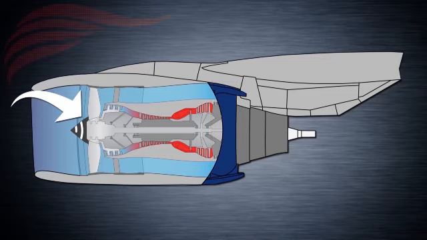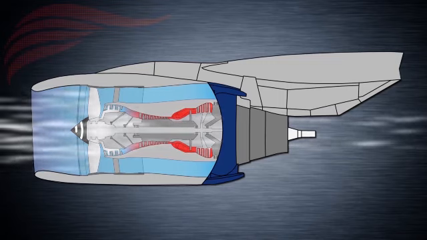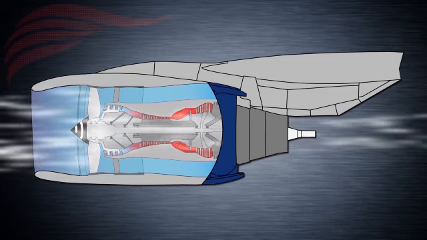The fan has 24 fan blades that spin together counterclockwise to increase the speed of the air entering into the engine. A splitter divides this air into two types: primary airflow and secondary airflow. The primary airflow, which is about 20% of the total air entering the engine, enters the engine core and goes through the rest of the components that we mentioned previously.